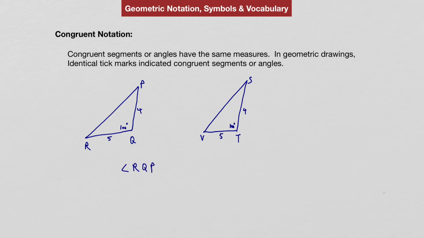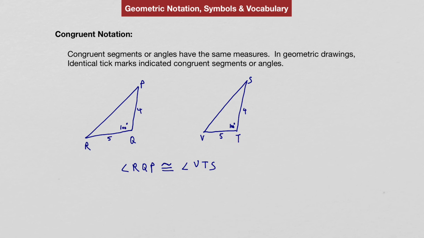So we would say that angle RQP is congruent, and the congruent symbol is this little tilde with an equal sign underneath, to angle VTS. Similarly, you'll see that the segment RQ is 5 and the segment VT is also 5.